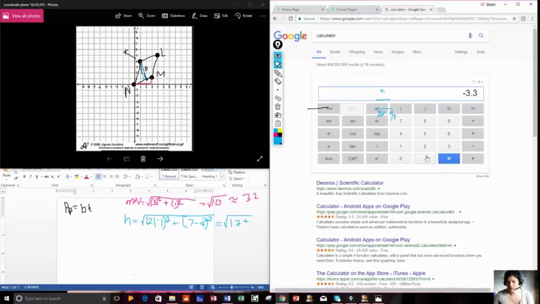That's our vertical distance, and that is being squared, which is, oops, I forgot my parentheses. So negative 3.3 squared. The reason why parentheses are important, I don't know if you caught that, when I square it, it's saying that this is a negative 3.3, and it's saying negative 3.3 times negative 3.3.